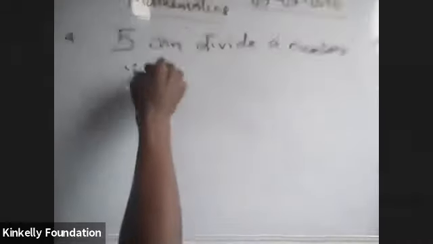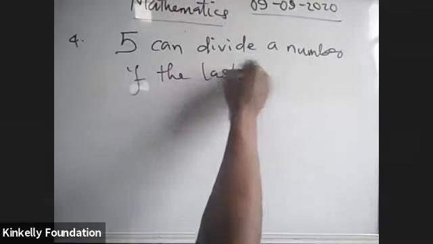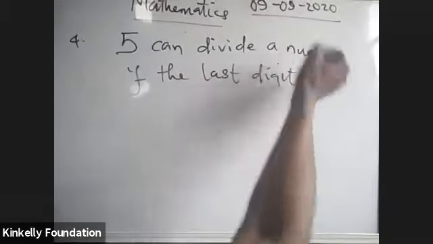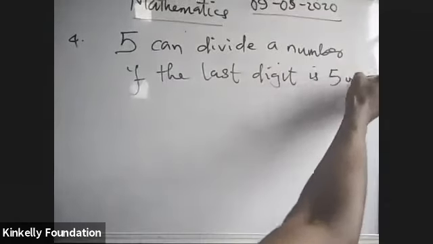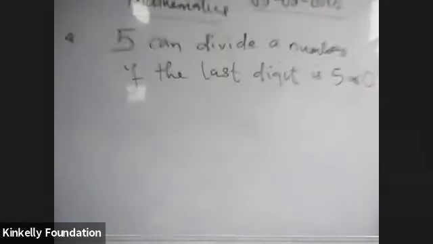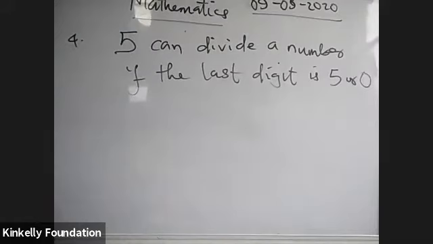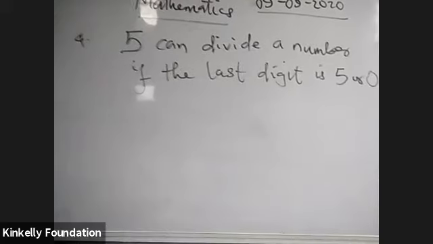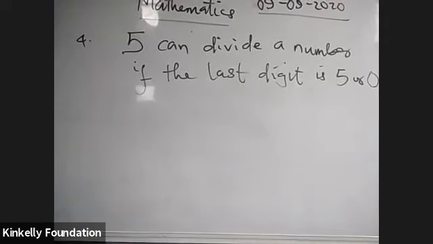Any number that ends with 5 is divisible by 5, and any number that ends with 0 is divisible by 5.